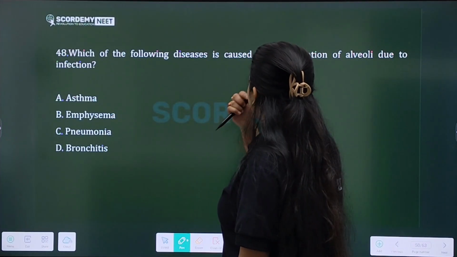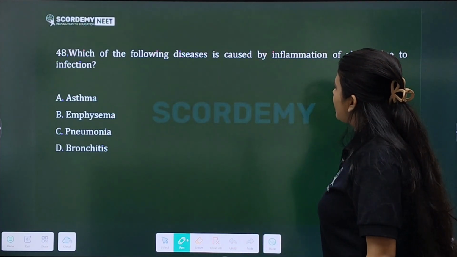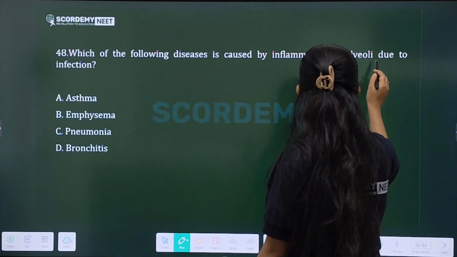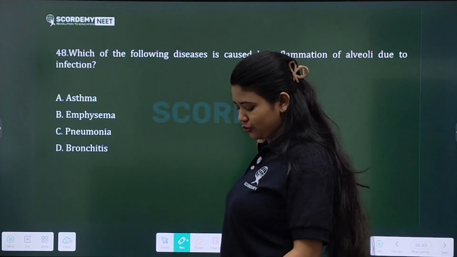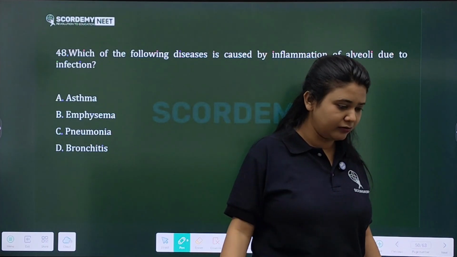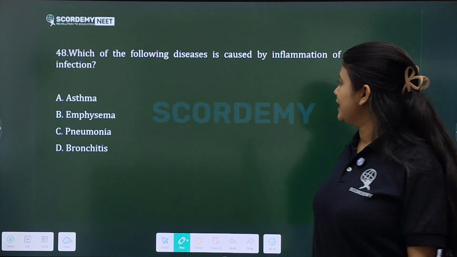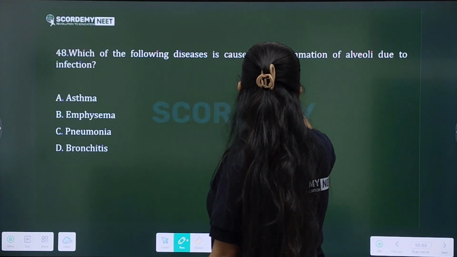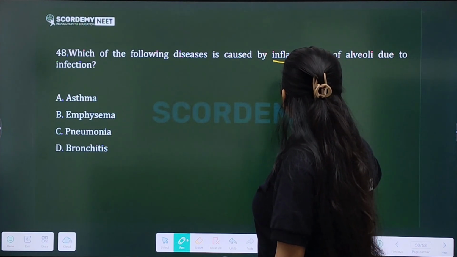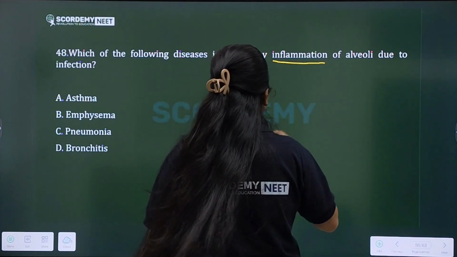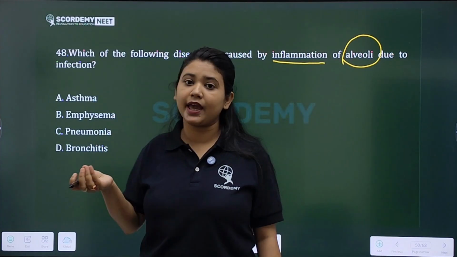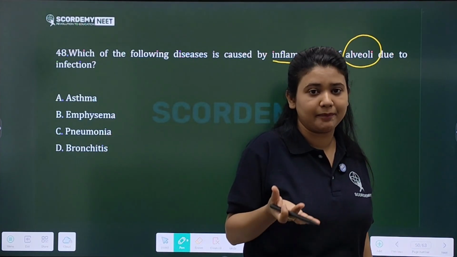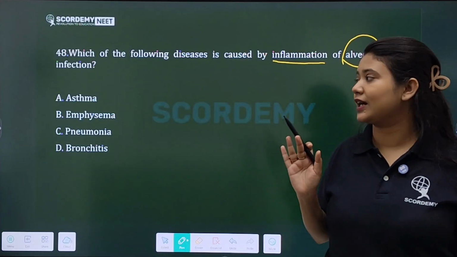Then which of the following diseases is caused by inflammation of alveoli due to infection? Okay, there is inflammation, but here they are mentioning inflammation of your alveoli, that means your air sacs, not your conducting part.